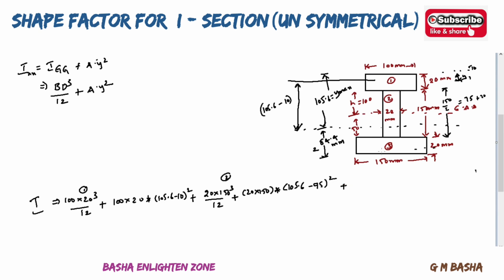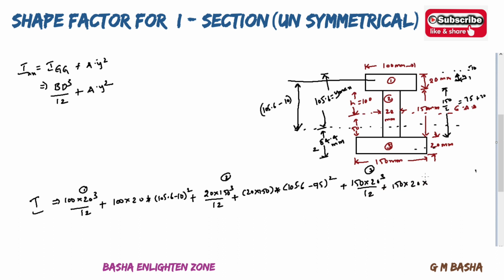And again this third section. For this third section you can take it from the bottom which is 84.4. I will show that one also. 150 into 20 cube by 12, bd cube by 12. Then the area will be 150 into 20.